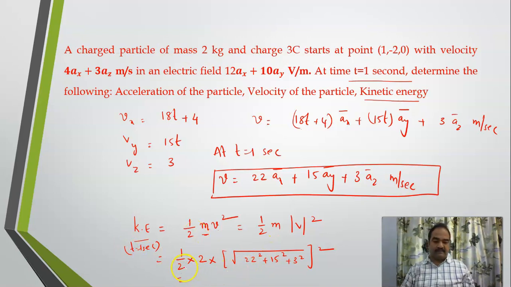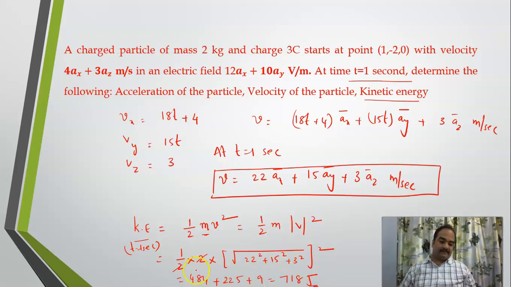So 2 will go, this value what I'll get is, let me do the calculation here. 22 into 22, it is 484, plus 15 square, it is 225, plus it is 9, right? So it is 718 joules.